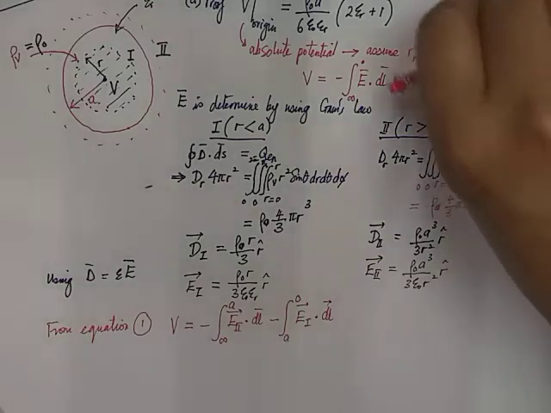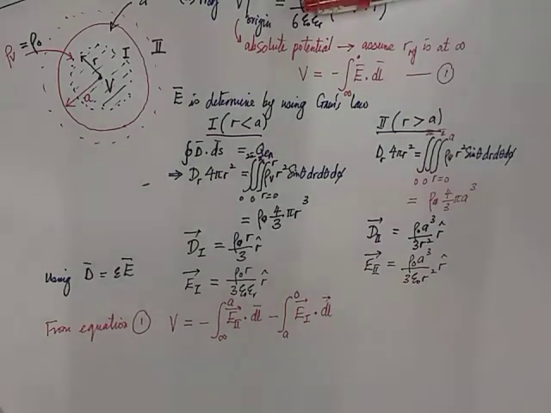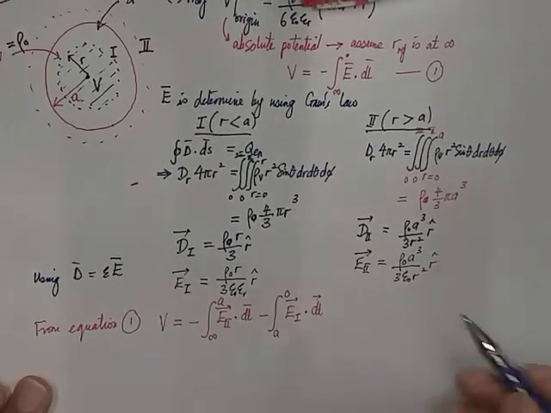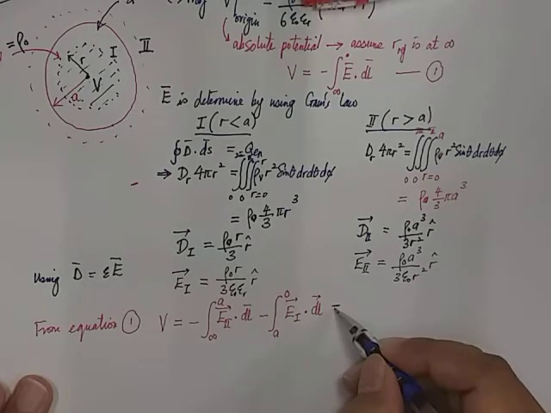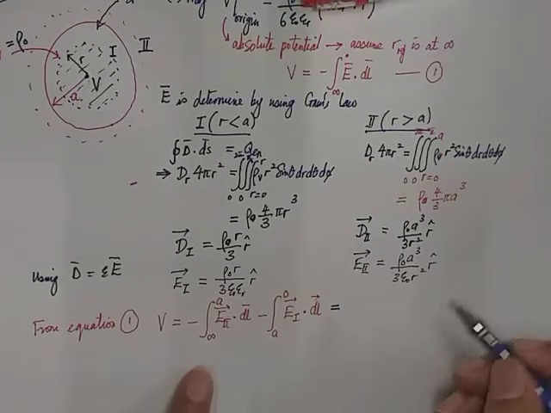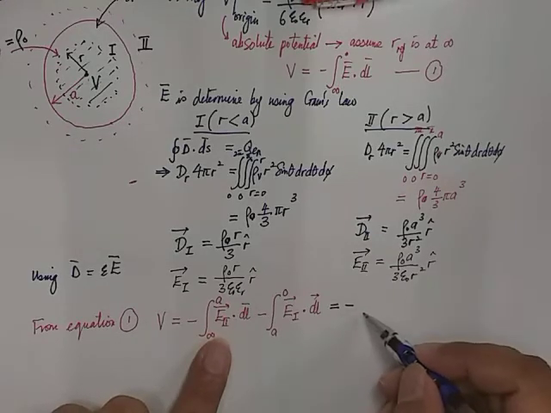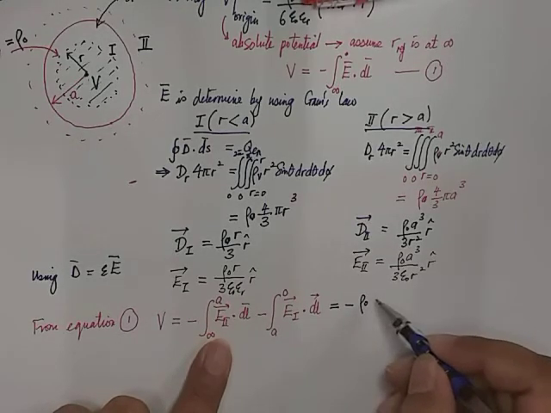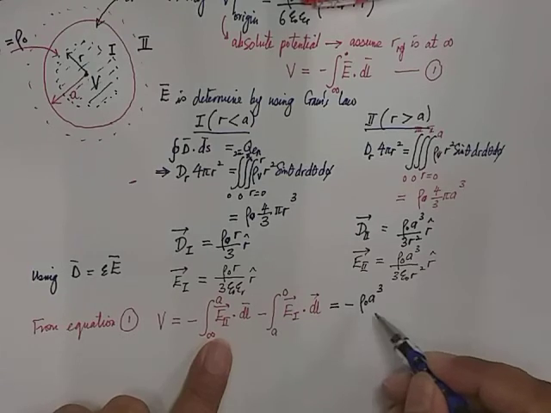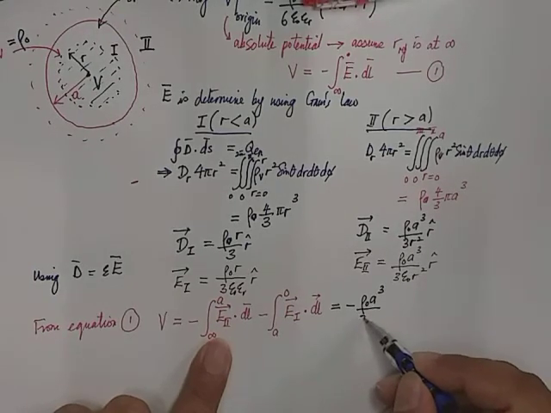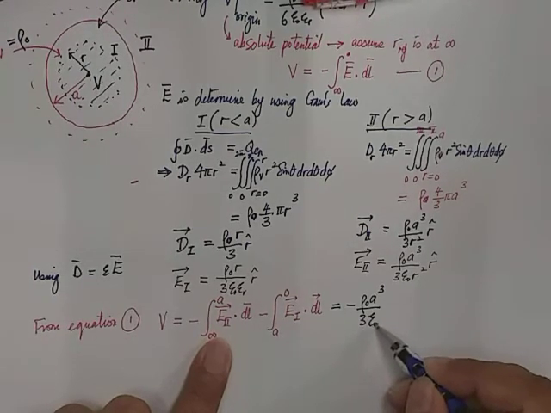Now let's substitute. What we're going to have is equal to minus E2. Rho naught A cube over 3 epsilon naught is our constant.